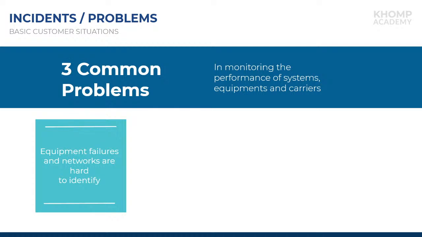We are not only monitoring equipment failures. What we really want to do is monitor the network performance. Equipment failures are part of this performance, but not everything. It's like we are identifying things that a regular reporting system cannot show you.